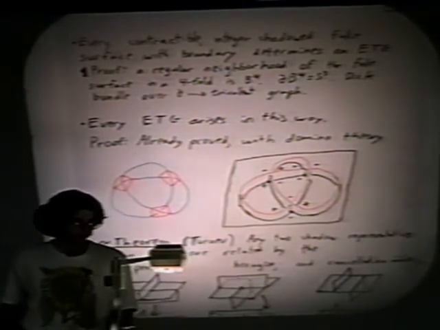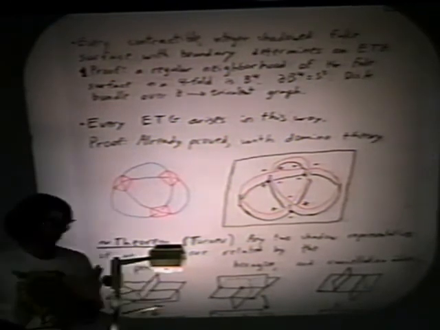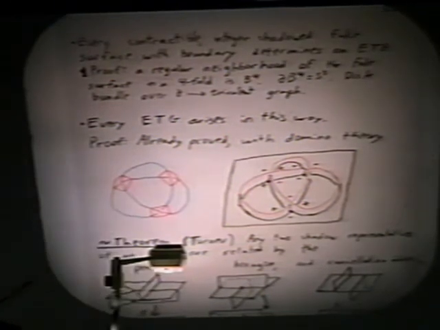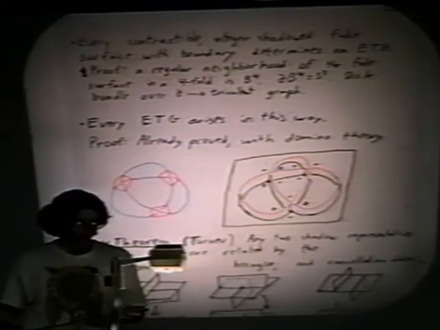So, the proof that for any contractible surface you get an embedded trivalent graph: you just take an arbitrary embedding of this fake surface in some 4 manifold, doesn't matter which, obeying the appropriate conditions on the two cells, with the appropriate framing class on the two cells.